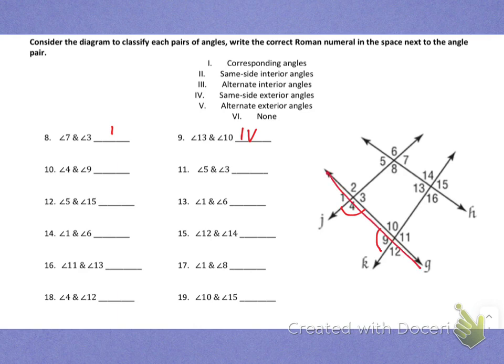And then using this line, they're both on the same side, so it'd be same side interior as well. I'm sorry, I did the wrong one there. That should be 2, as well as number 9 should be 2. Sorry about that.